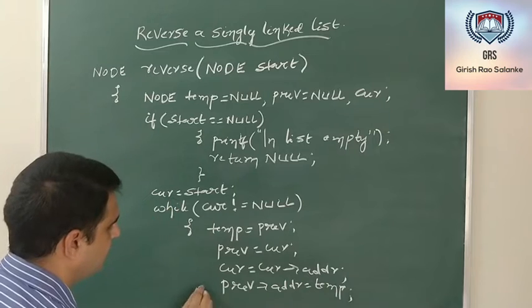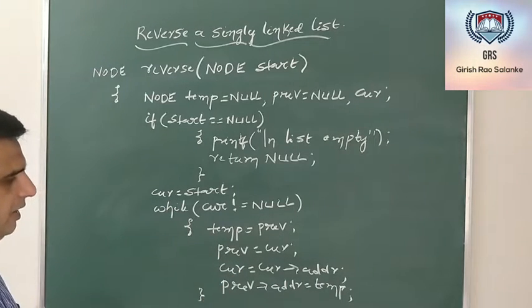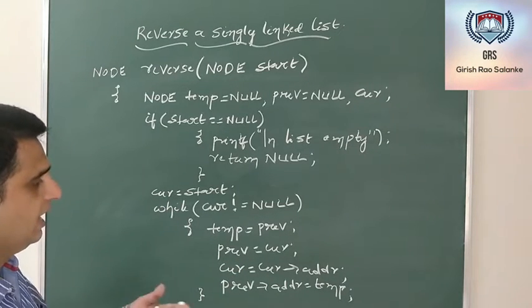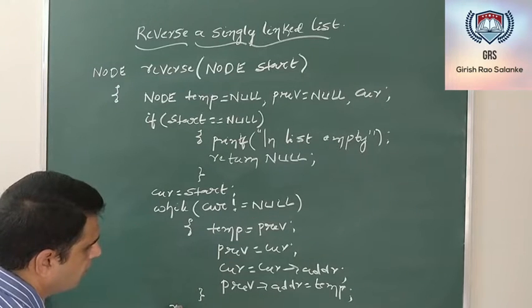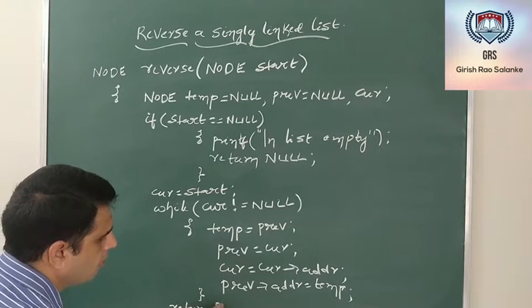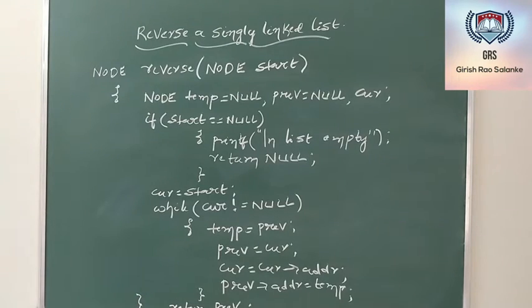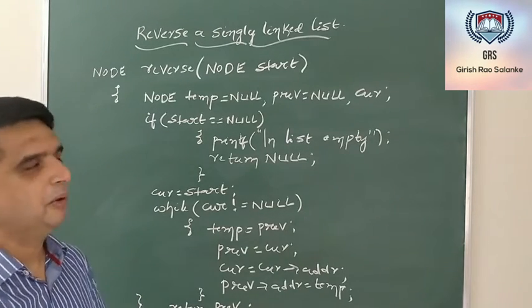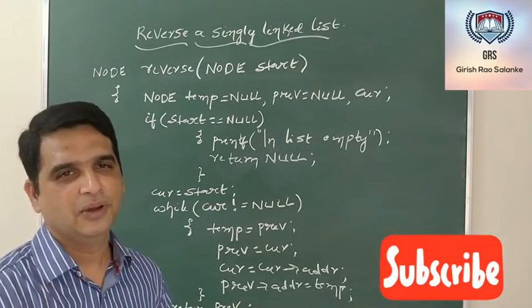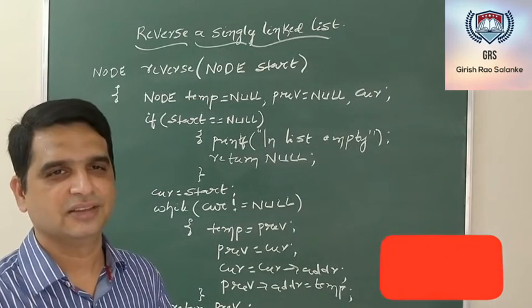So this was the statement that we have analyzed earlier. Now at the end we are supposed to return the address of the last node which was there in previous. Return previous. Close the function. This should be clear. Hope this is fine. This is about how to reverse a given single linked list. Thank you.